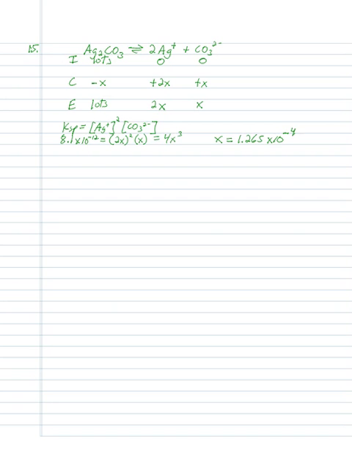Problem 15 asks for the equilibrium concentration of silver ion. We see the silver ion has an equilibrium concentration of 2x, so the concentration of silver ion is going to be 2 times that, or 2.53 times 10 to the minus 4.